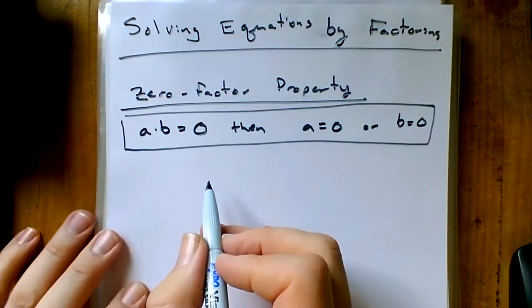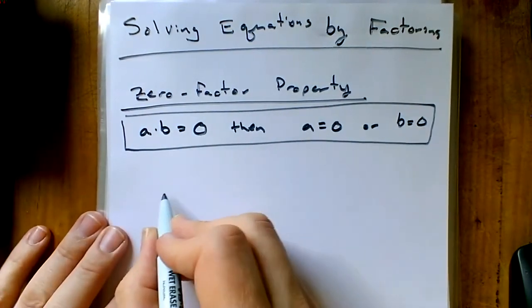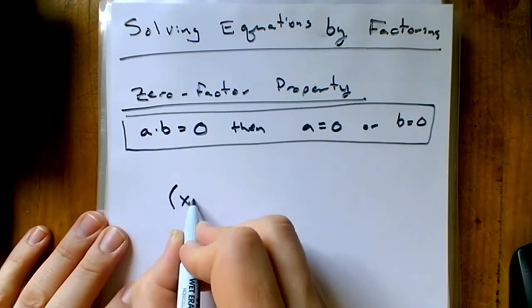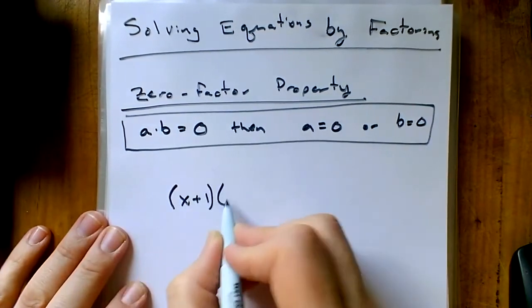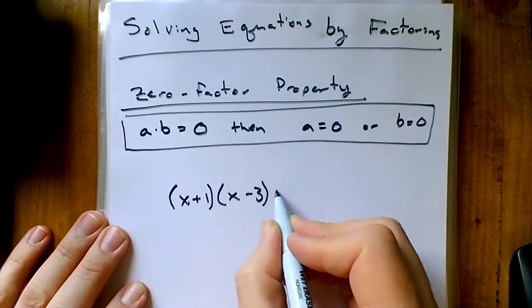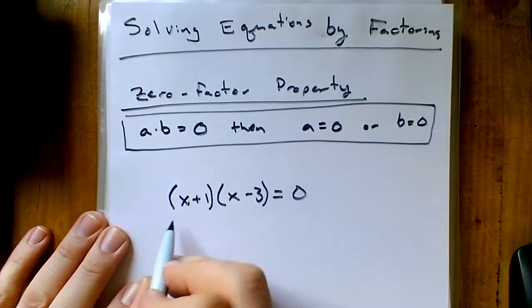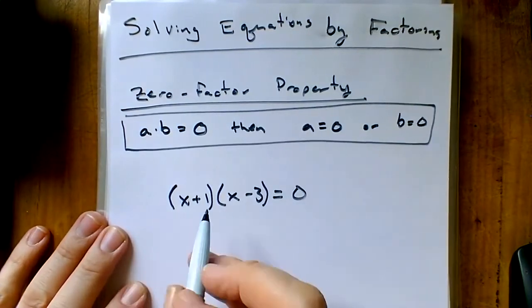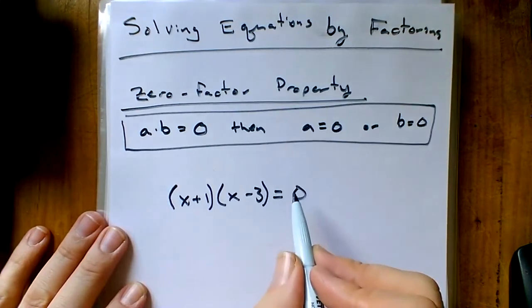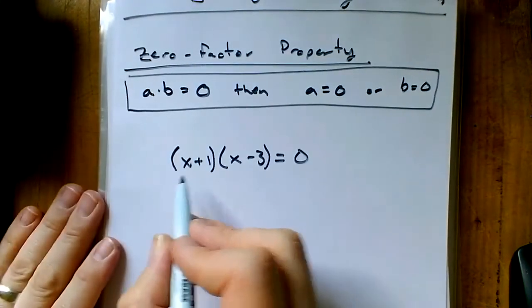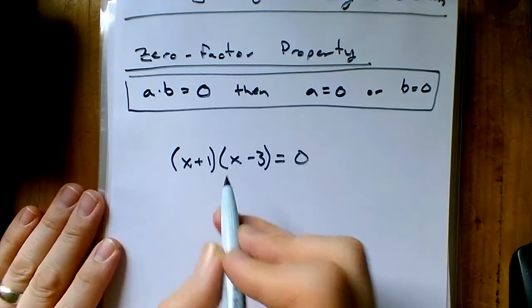What this means is that if I have something that looks like x plus 1 times x minus 3, if I've got the product of two things and the product is 0, then that means that either one or the other or both of these is equal to 0.